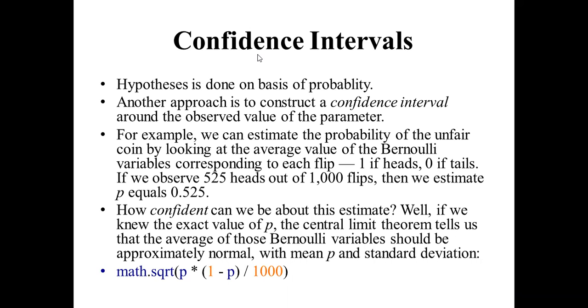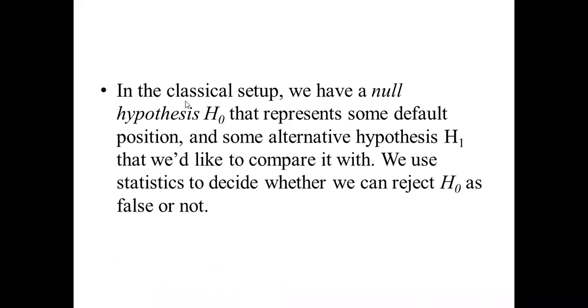On the previous basis, if as a person I make some guess, how much confidence I have is given by this variable. But when it comes to data science, we talk about confidence intervals, given by how likely that event can occur. Hypothesis is done on the basis of probability, the previous content we have seen.